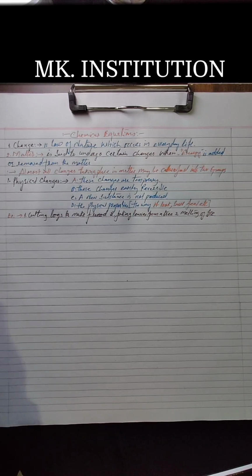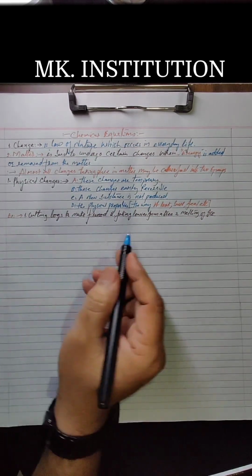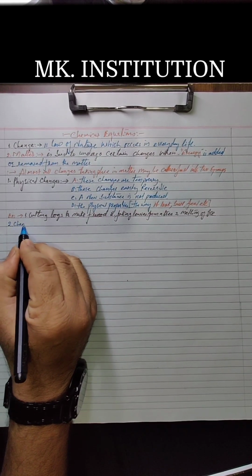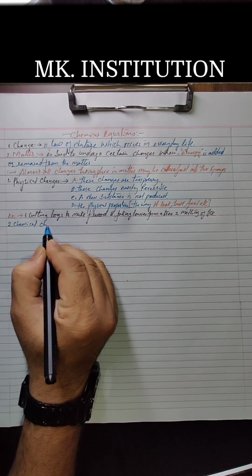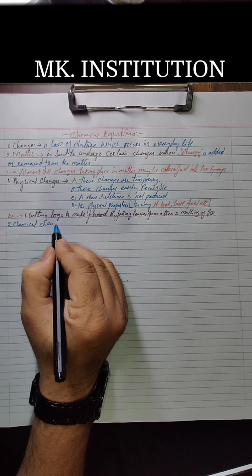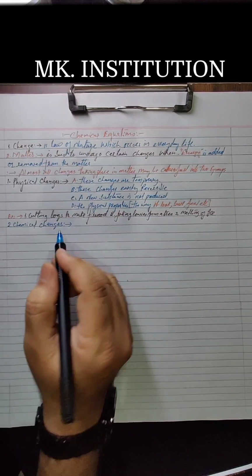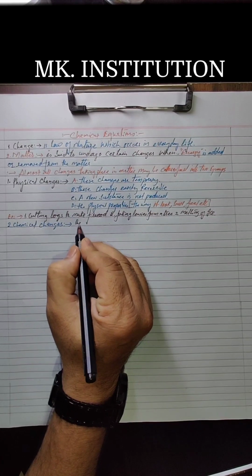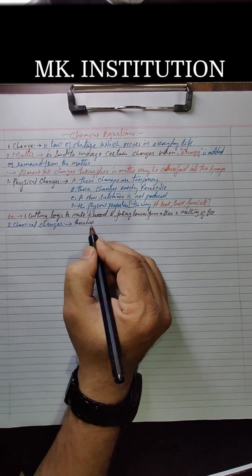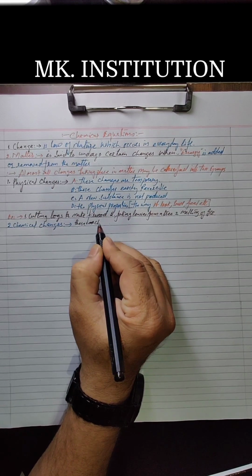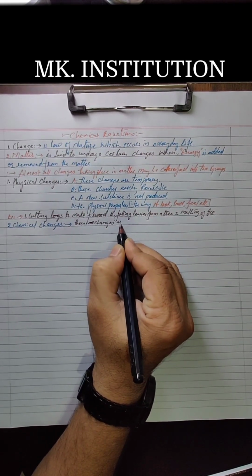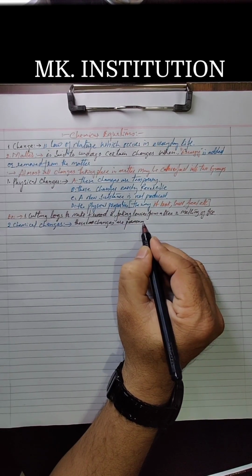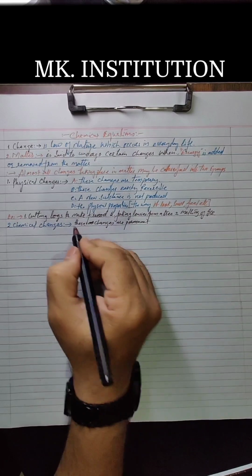The next one, the second one, is chemical change. Chemical changes. Now, what are chemical changes here? These changes are permanent. This is the first point.